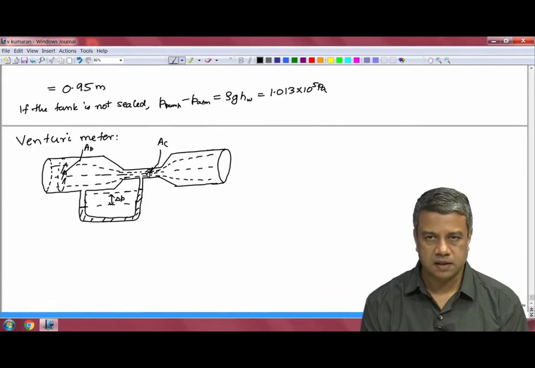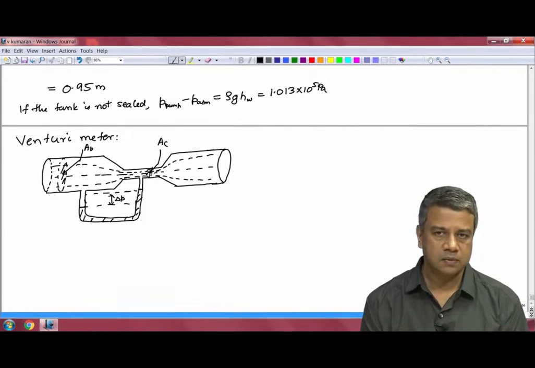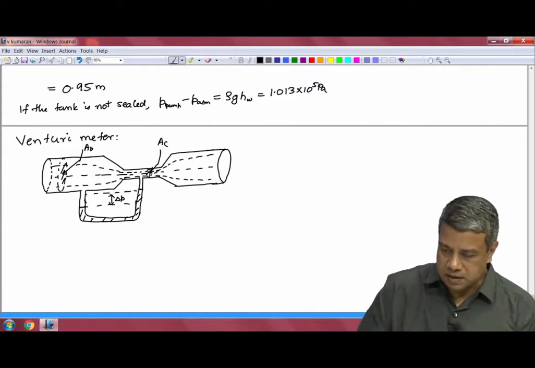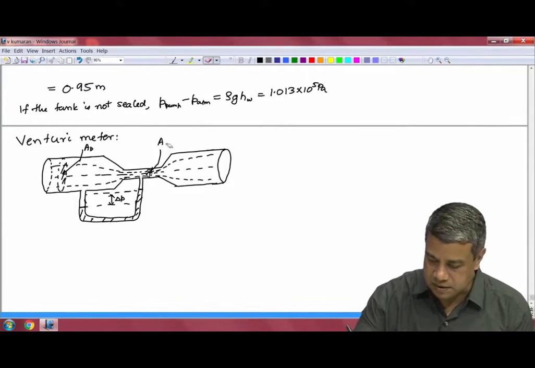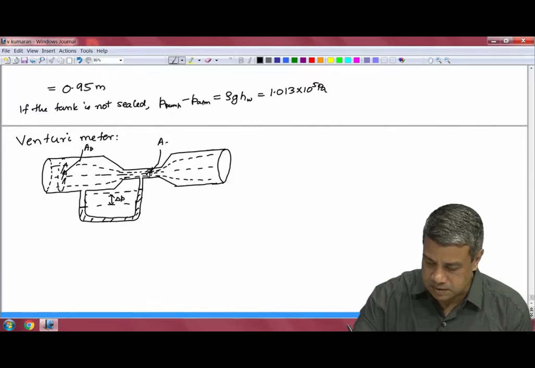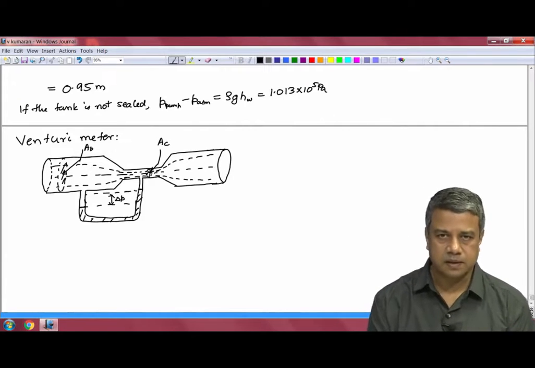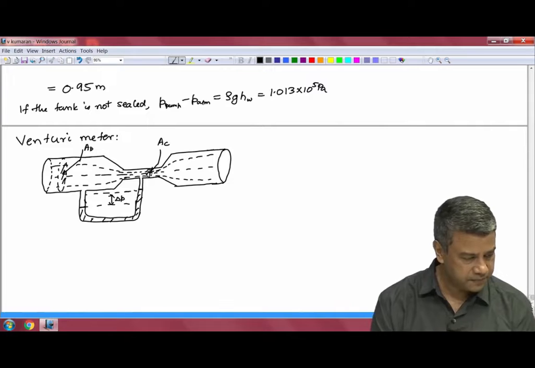When the pressure is higher, the height in that arm will be lower, and when the pressure is lower, the height will be higher. So, it is basically obtained by measuring the difference in height between the two arms using a manometer or by some other pressure measuring device.